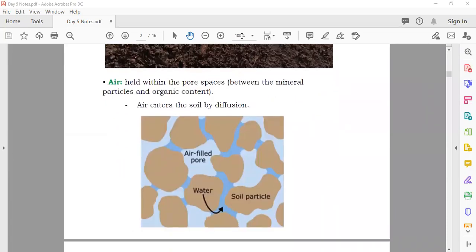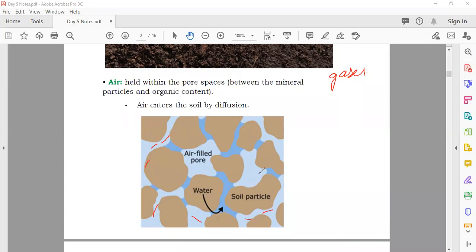Okay, when we're talking about the air, we mean gases. One of the parts we said was gases. If you see the microscopic view of the soil, you will find small spaces between the soil particles.